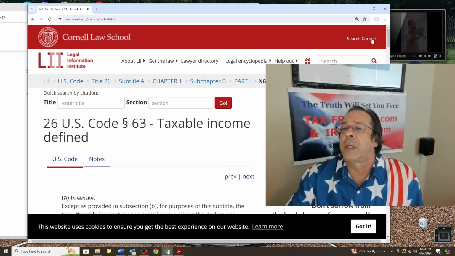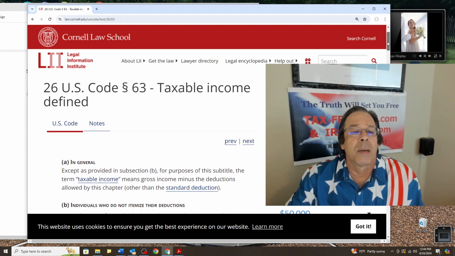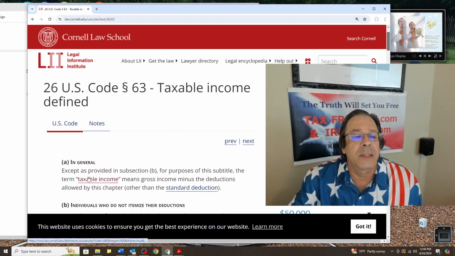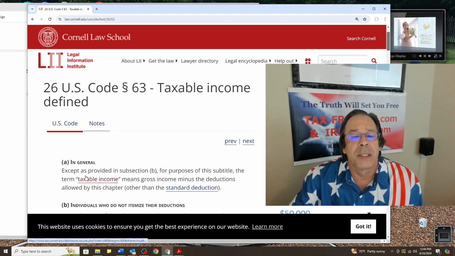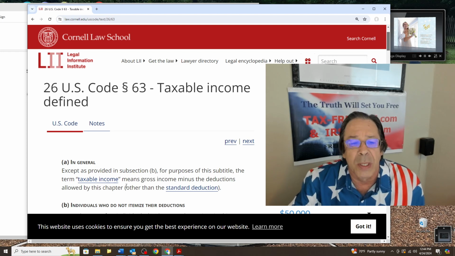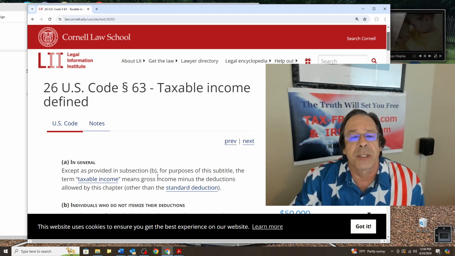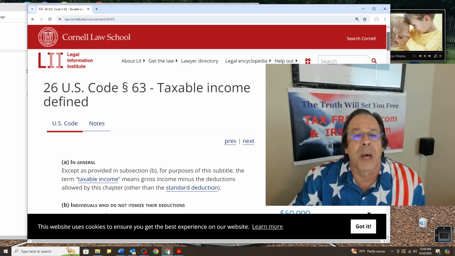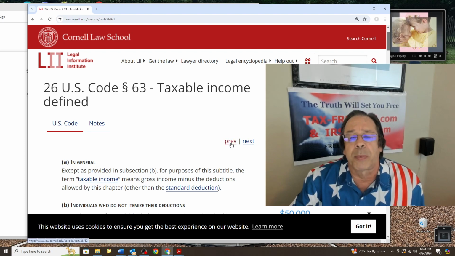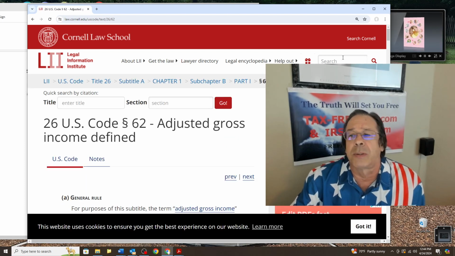Section 63, taxable income. Here it is. All right, taxable income means gross income minus the deductions allowed. Okay, so Section 63 is gross income minus deductions allowed. Let's look at the previous section. Adjusted gross income.